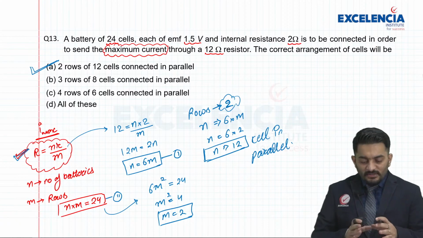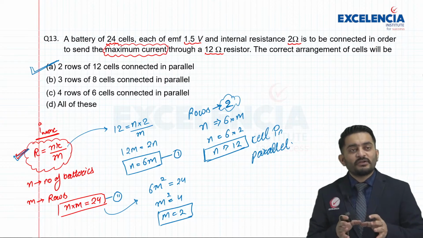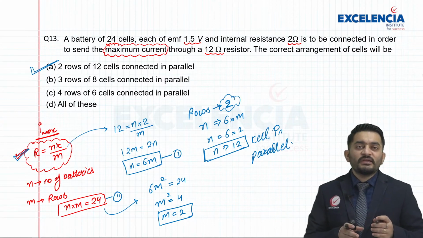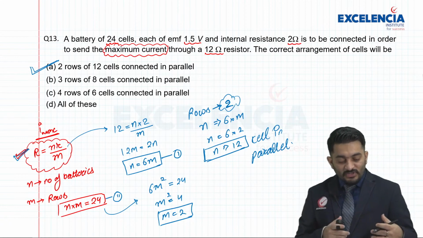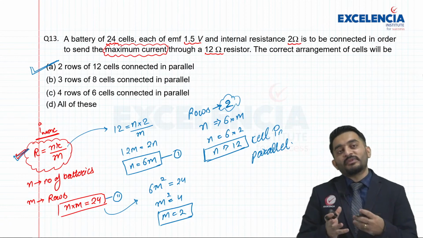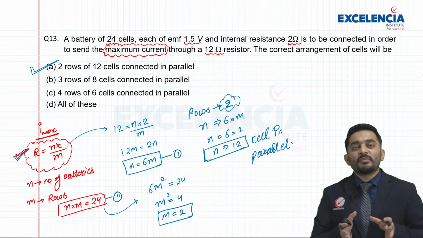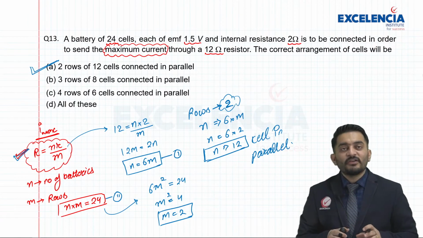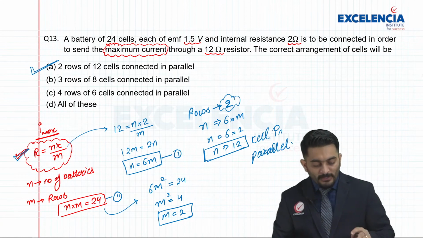That's the reason you have to be very careful when solving such a question. Questions are straight and easy, but sometimes we get confused when we try to relate them with something else. Even I was writing something because I was under the impression it was series or parallel, but this is a mixed combination question. So you have to be very careful about how the cells are connected.